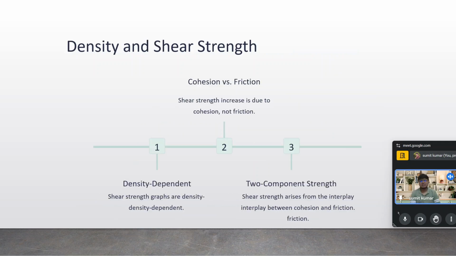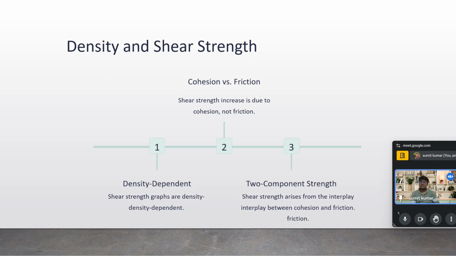Now we will move ahead when we talk about density and shear strength. So there is a dependency on density, as the shear strength graphs are density dependent.